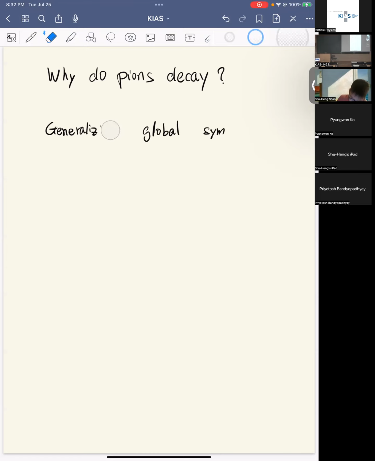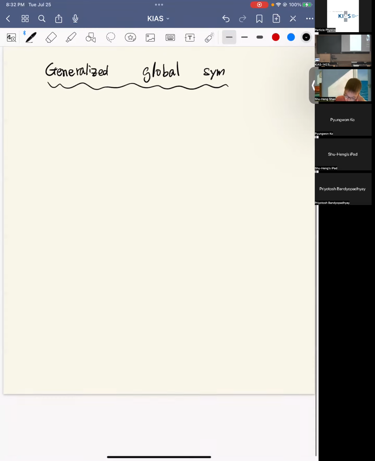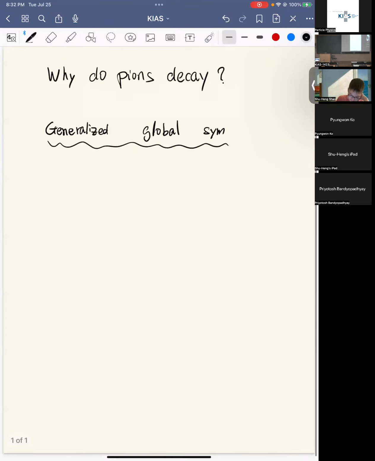And all this development goes under the name of generalized global symmetries. And by now it has become a rather big subject with many different kinds of generalized global symmetries. I would like just to mention two of the developments. The first one goes under the name of higher form symmetries.